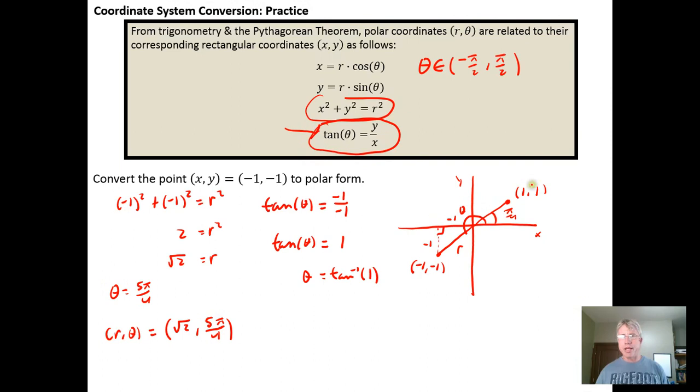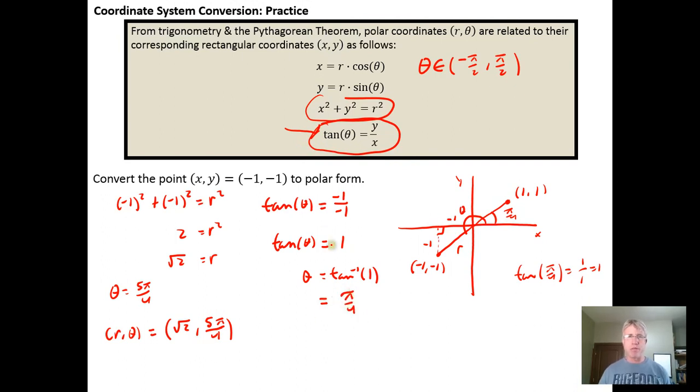And what we want to recognize is that the tangent of pi over 4, which is equal to 1 over 1, also equals 1, just like the tangent of the angle we're interested in. So the graphing calculator, if we plug theta equals the tangent inverse of 1 into it, is also going to give us pi over 4.